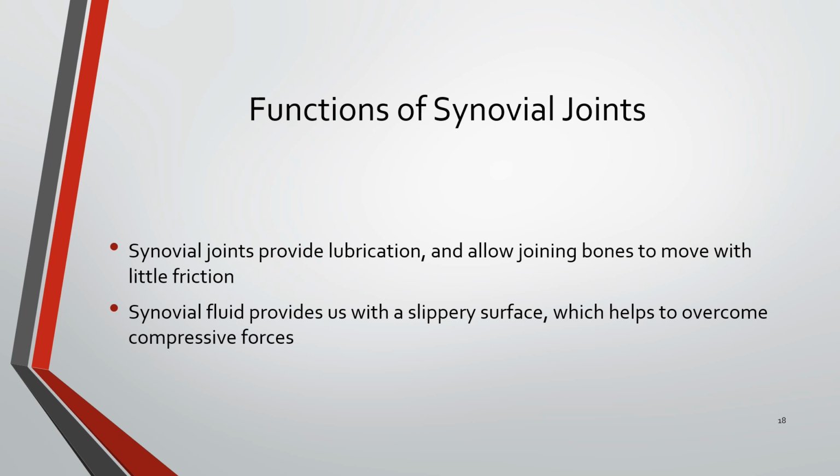That synovial fluid provides us with a slippery surface, which can help us overcome compressive forces. It's like a jelly-like little pillow within the joint you could think of. And its job is to reduce friction and also to reduce the impact of a high amount of force.